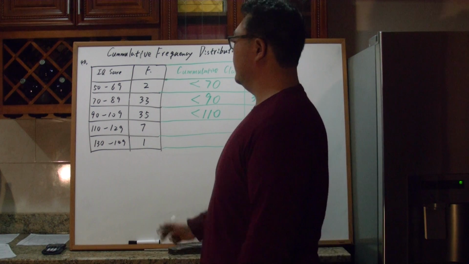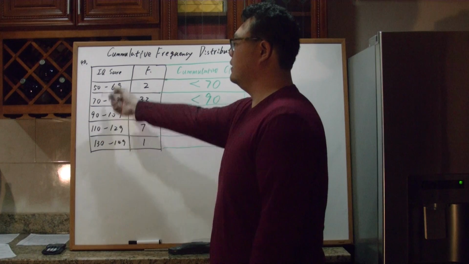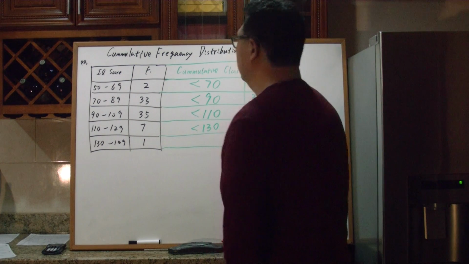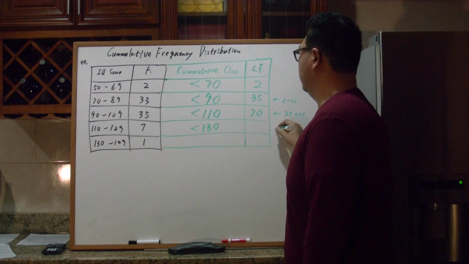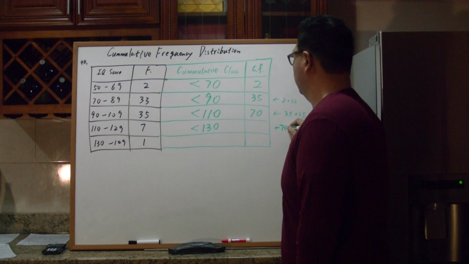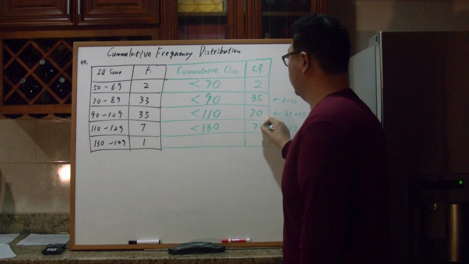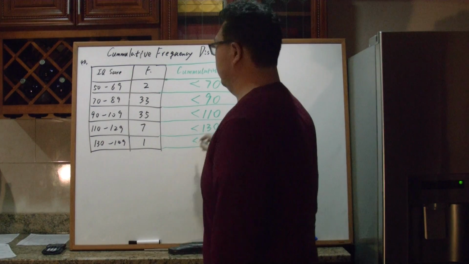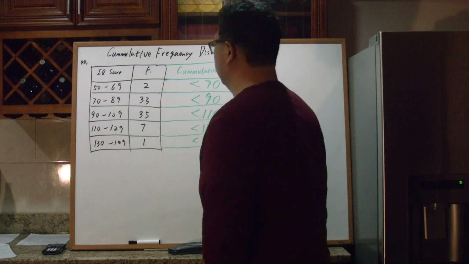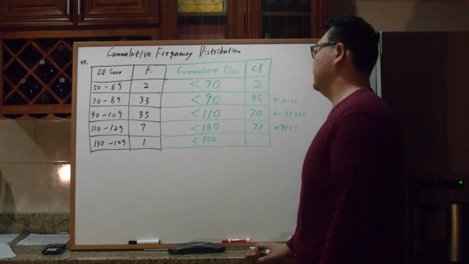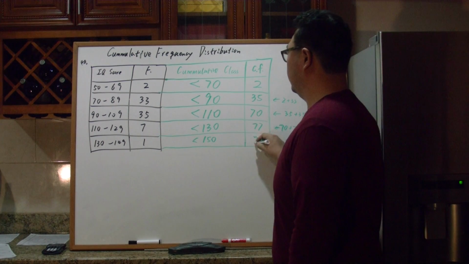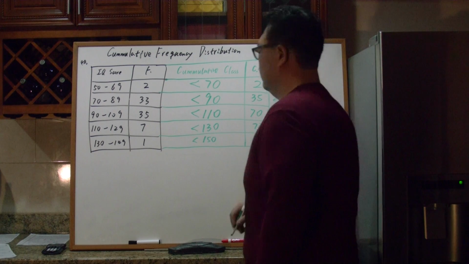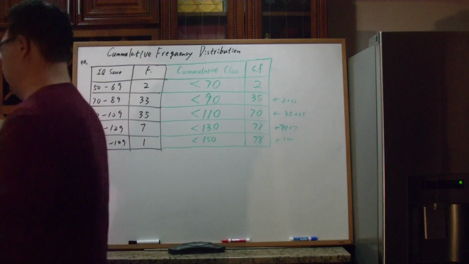Right, then the fourth class accumulates them together, it's everything below 130. What we have is 7 more, 77 kids, and everything altogether that's below 150, which is the upper boundary of this one, we get 78. Just one more being counted.